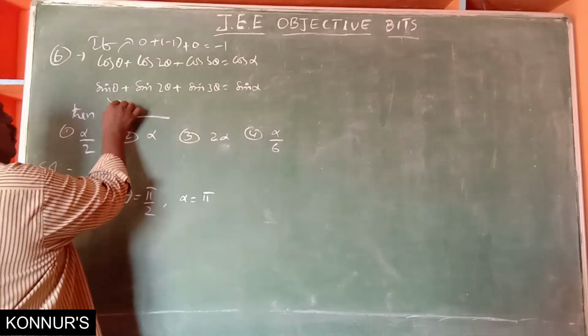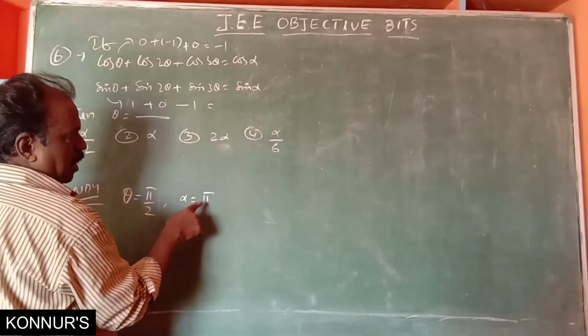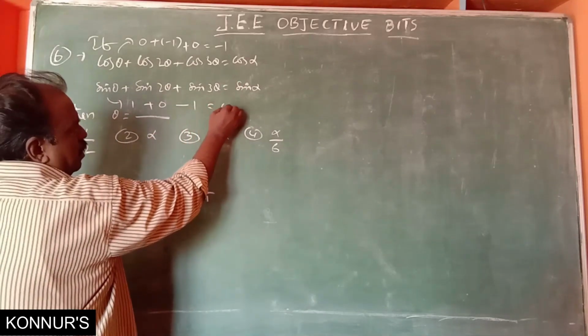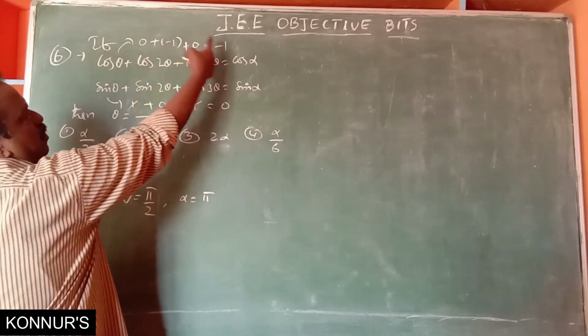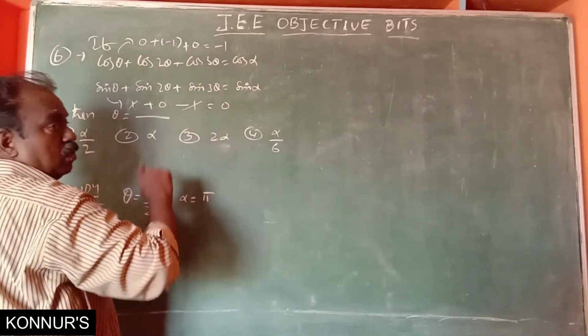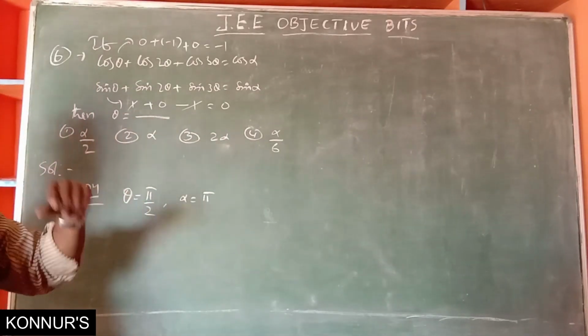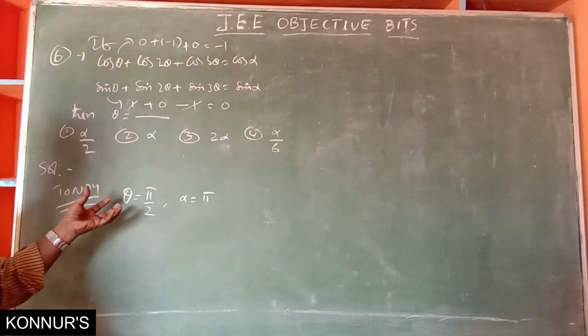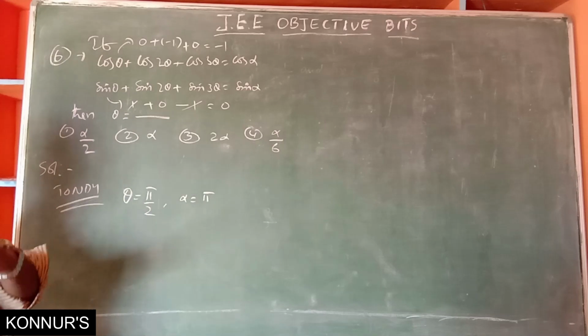So here it is 1, 0 and minus 1. Sin alpha, sin pi is 0. So 1 cancels, 0 is equal to 0. In the cos, minus 1 is equal to minus 1. In the sin, 0 is equal to 0. So it is satisfied for this substitution. So the selection of theta and alpha is important. Just have to think over it. Okay.